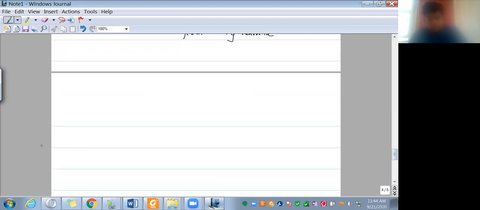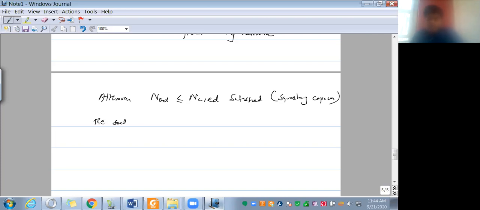So although N_Ed equal to N_c,Rd satisfied the squashing capacity, the section fails for N_Ed against N_b,Rd.